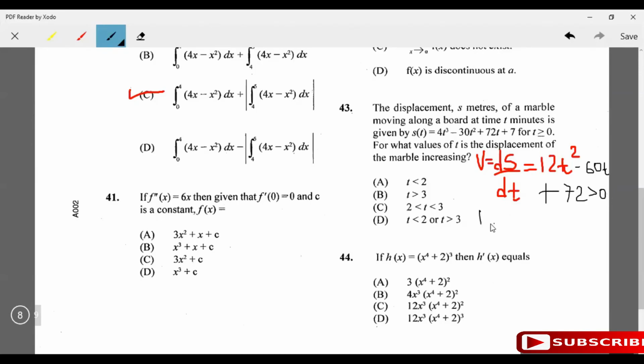So I'm solving when 12t squared minus 60t plus 72 is greater than 0. Since this is what I'm solving, I can divide through by 12 to get t squared minus 5t plus 6 is greater than 0.